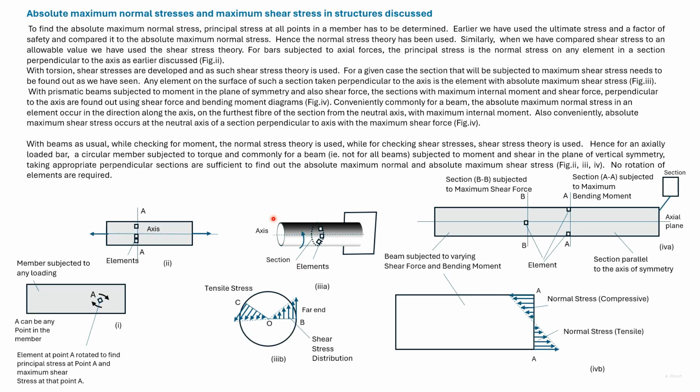In the previous slide, we discussed stresses in bars subjected to axial forces, circular bars subjected to torque, and beams subjected to moment. We need to find the absolute maximum normal stress and the absolute maximum shear stress to apply normal stress theory and shear stress theory.